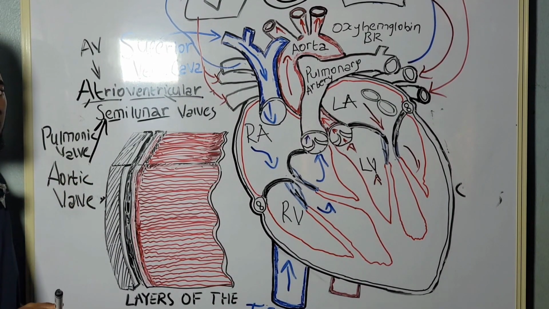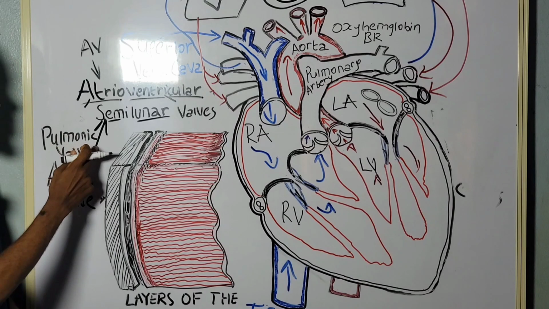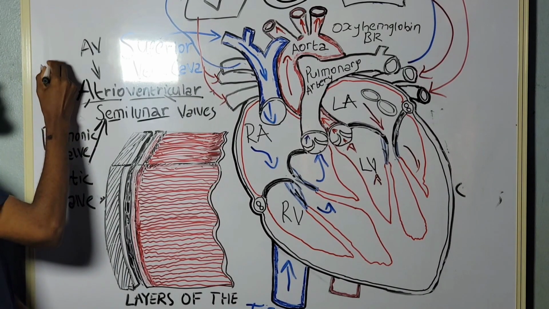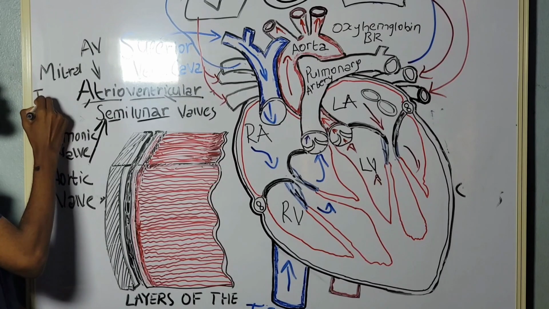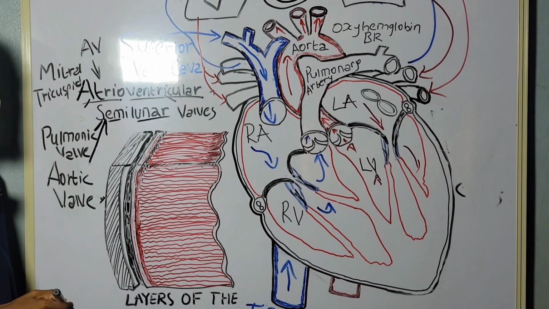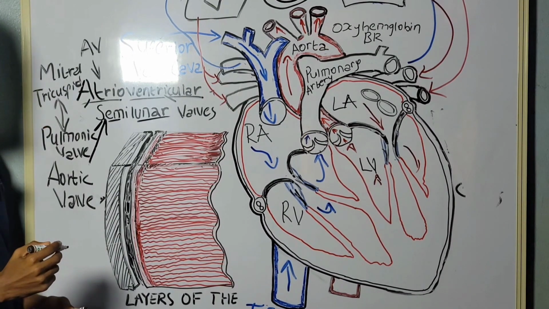So do not confuse this in your examination. If they ask you to mention the names of the valves in the heart, please do well to mention the pulmonic valve, the aortic valve, the mitral valve, and the tricuspid valve, to avoid stories that would be unexplainable. So these are the four valves that are available.